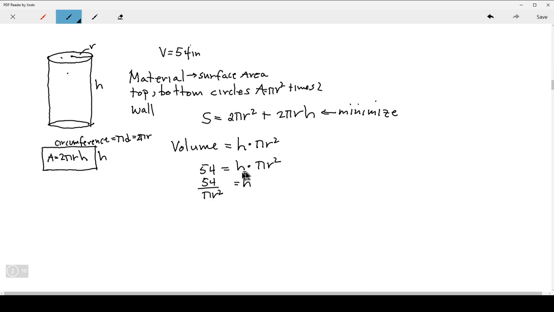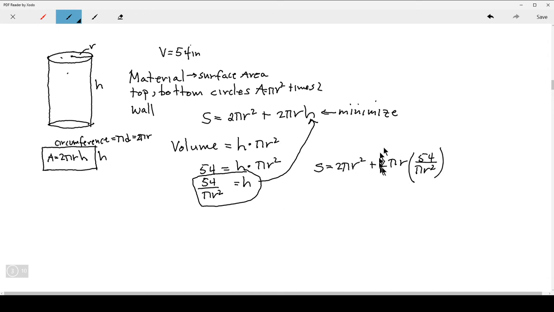Now I'm going to take this value for h and plug it into that equation for S. This gives me S equals 2 pi r squared plus 2 pi r times 54 over pi r squared. Now I can lose some stuff here.